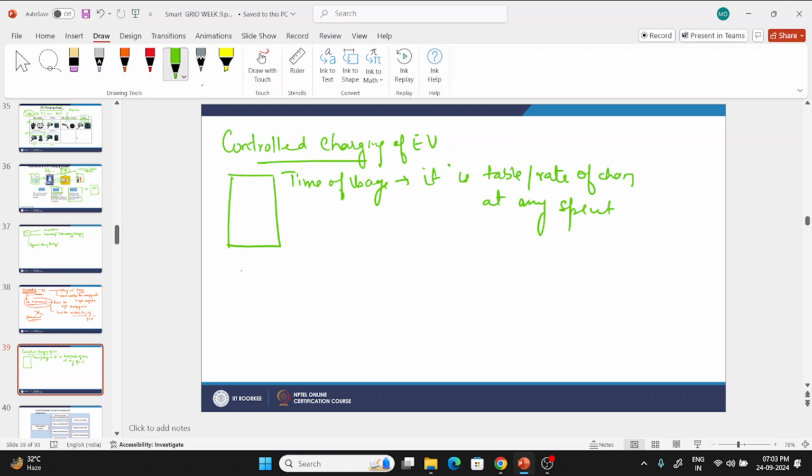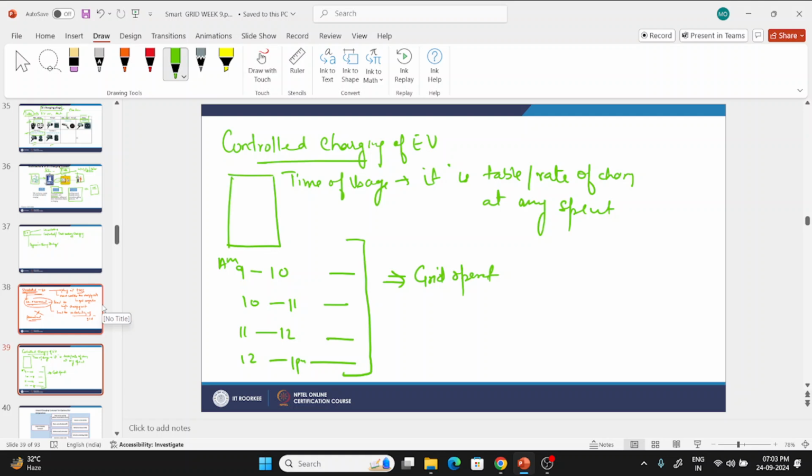For example, 9 to 10, the charging rate is this much; 10 to 11, the charging rate is this, all AM; 11 to 12, the charging rate is different; 12 to 1 p.m., the charging rate is different. These are all established by the grid operators. Why? Because based upon the congestion of the load, they assign the charging rates.